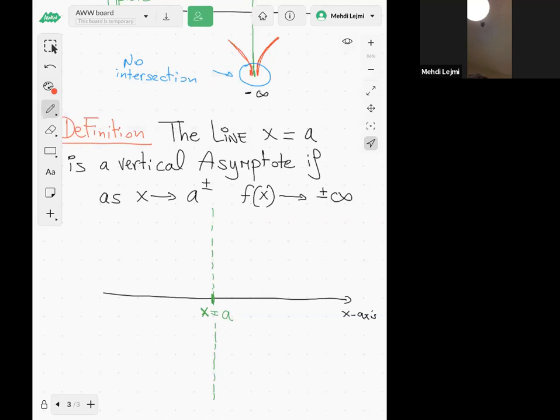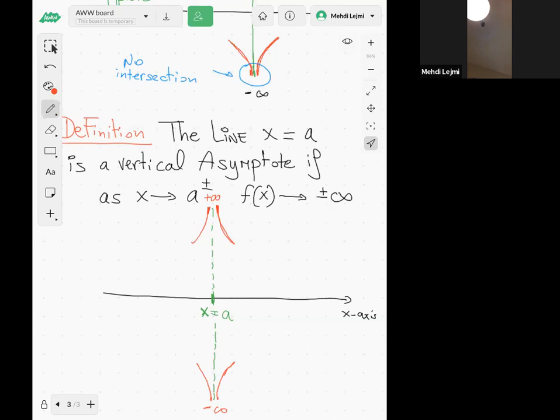This is supposed to be positive infinity here, and this is supposed to be negative infinity. So the graph is going to be at positive infinity, as close as we want to the green line, the vertical asymptote, but it doesn't intersect it, of course. Same here, your graph is at negative infinity, very close to your vertical asymptote, but it doesn't intersect it. Okay, so that's what I call a vertical asymptote.